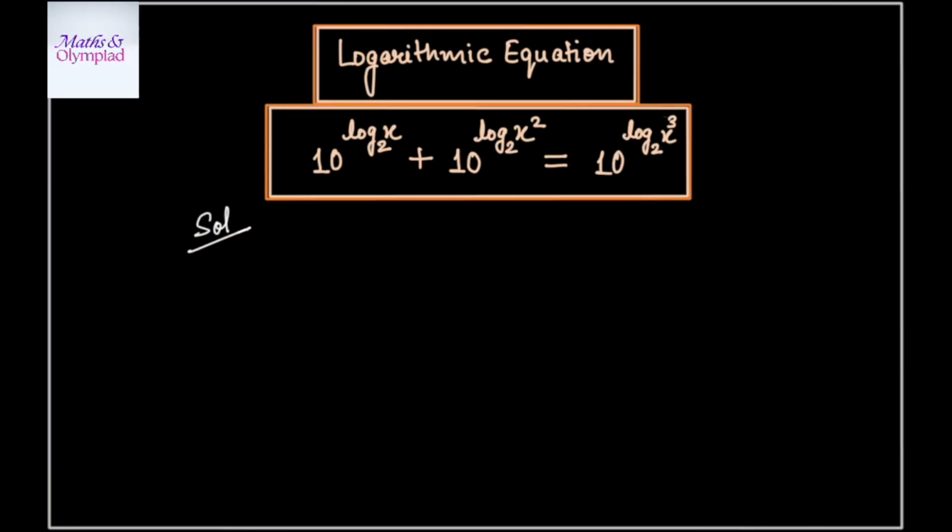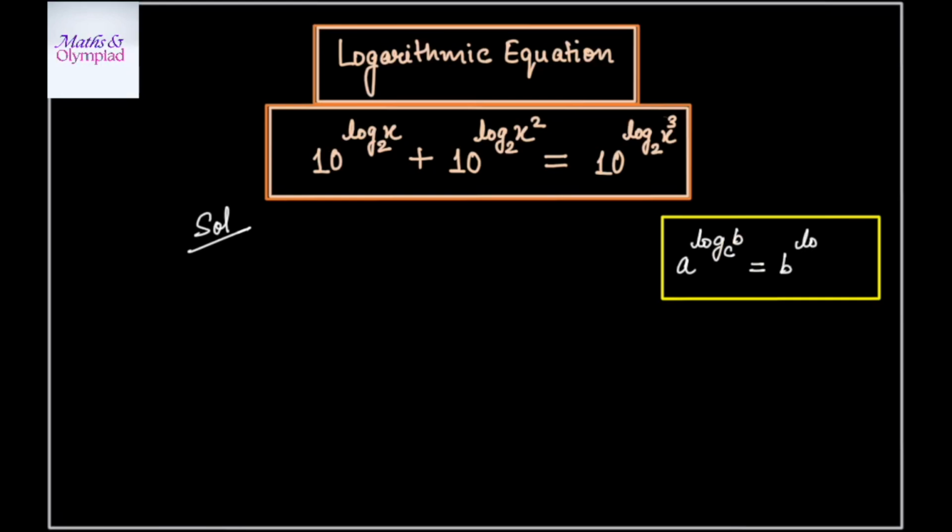Now I will use one of the properties of common logarithm, which says a raised to the power log b to base c equal to b raised to the power log a to base c. Here base and the exponent will get interchanged.